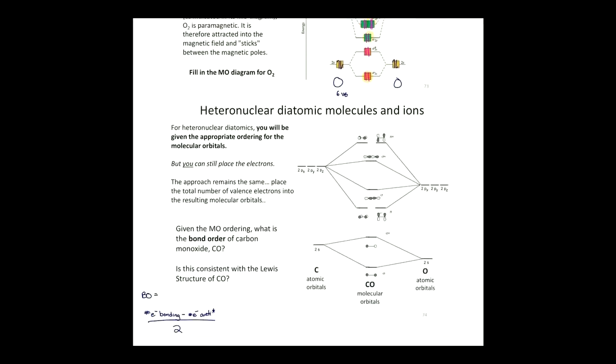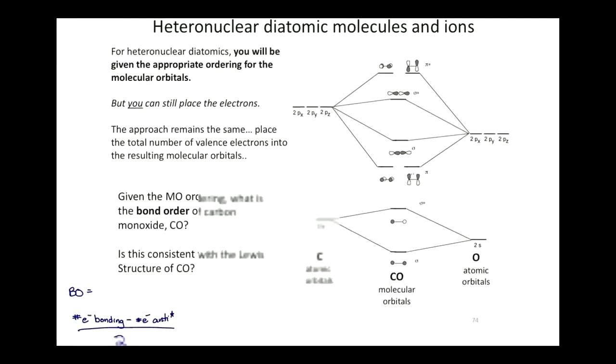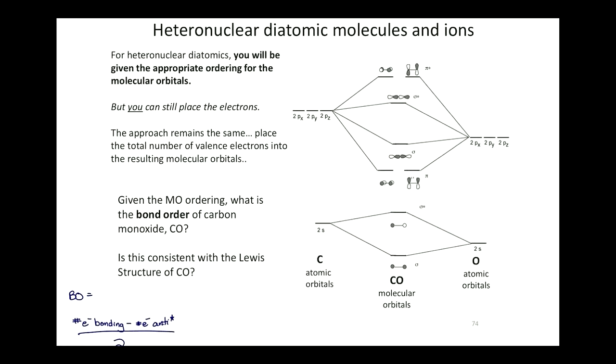Let's look at a different example. All of the previous examples, and the diagrams given as your supplemental information, are diatomics where the atoms are the same, like O2, N2, F2. We can also give you MO diagrams for what we call heterodiatomic molecules, meaning two different elements.